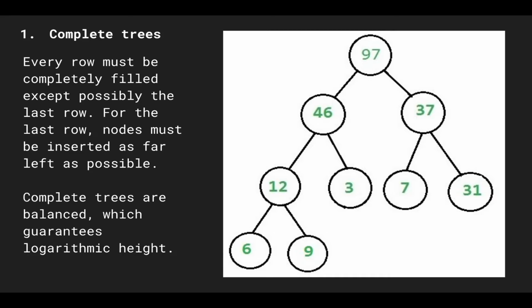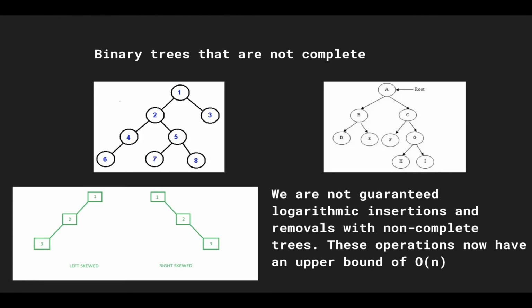So because of that, we want to limit the height of the binary tree, and complete trees give us logarithmic height, which is great. These examples are binary trees that are not complete. So they are binary in the sense that each node has a maximum of 2 children. But in this tree, not every row is completely filled.